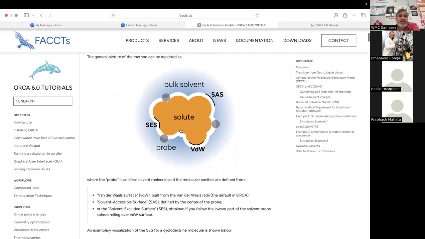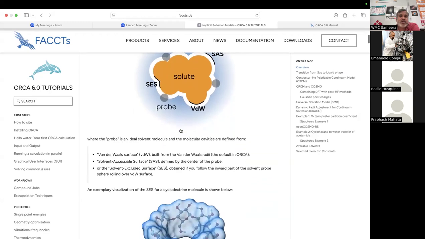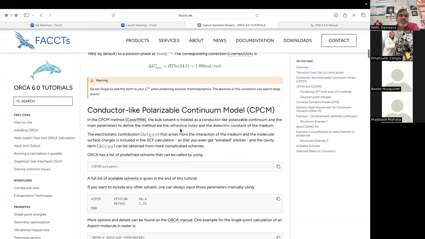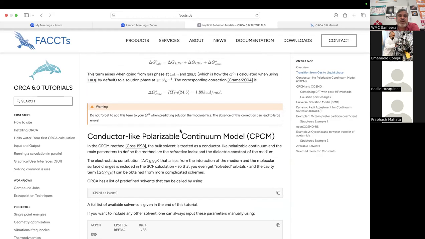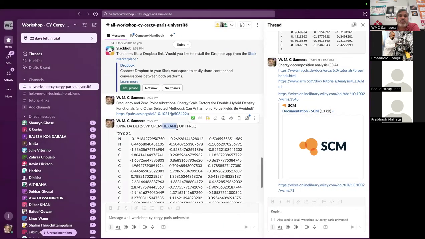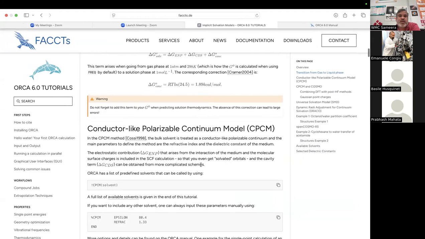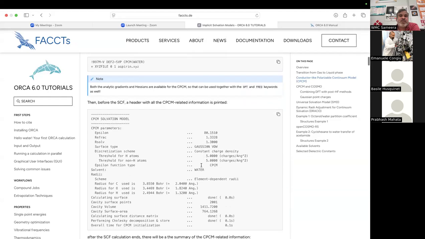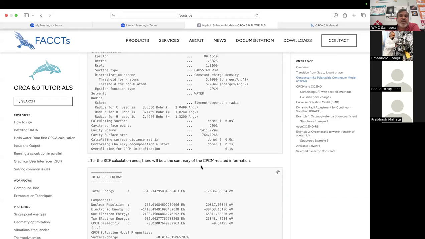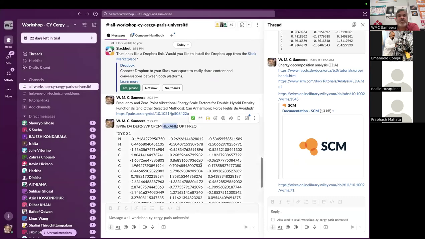This is called implicit solvation, and there are different models for it. This one is the conductor-like polarizable continuum model, CPCM. Here we are using CPCM, and it can replicate the solvent in your simulation.